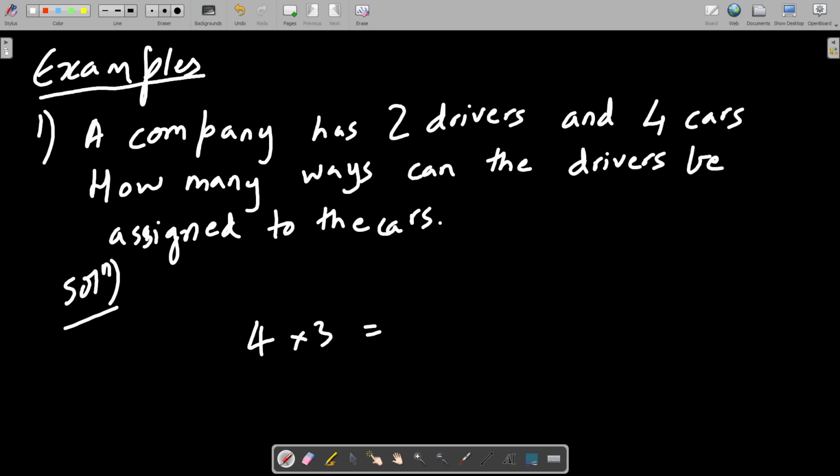So 4 into 3, that will give you total 12 assignments. Okay, so 12 possibilities are there.